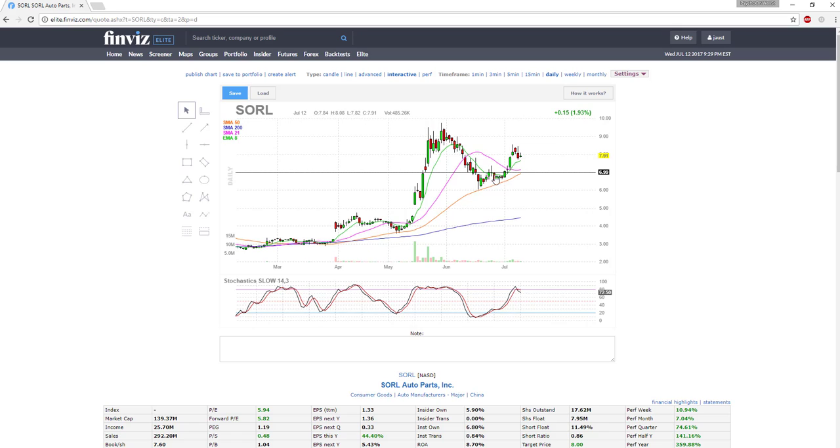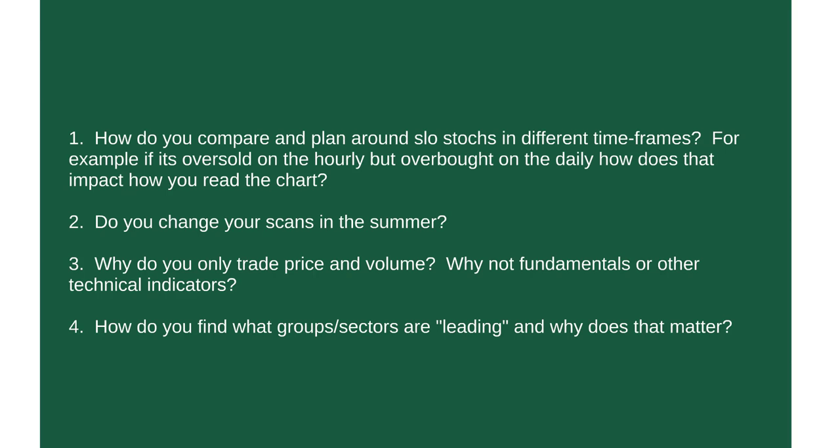Declining sell volume, riding that 50-day, and then you get that volume build right there in that perk, and you've got what, a $1.50 move. So that's what I use as the guide when it comes to the candlesticks. And going back to the original question, the slow stochastics, that's how you can use them within different time frames. Good questions.